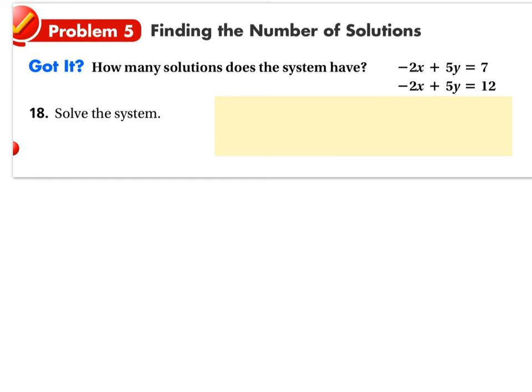So, problem number 5 asks, find the number of solutions. Well, as it is, these can't easily be combined. So I'm going to multiply one of them by -1. That's going to change the sign. So we have -2x plus 5y equals 7. And then I'll have a positive 2x minus 5y equals -12.